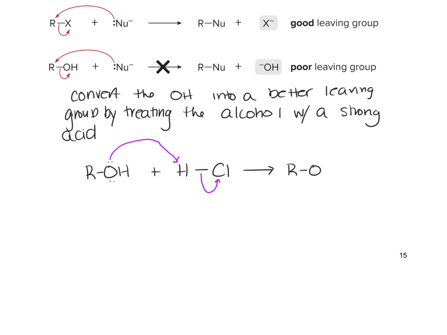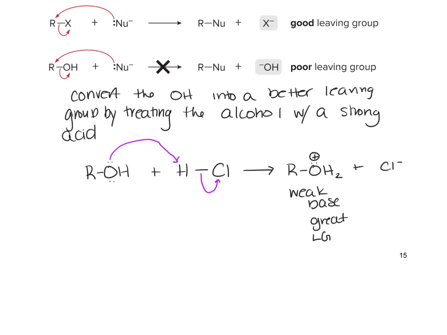And now we have OH2 with a positive charge, and that is a weak base and a great leaving group, okay? So this is a way that we can convert an alcohol into a better leaving group. And this makes it possible to perform substitution and elimination reactions on alcohols. And we are going to talk about elimination reactions in just a second in this screencast.